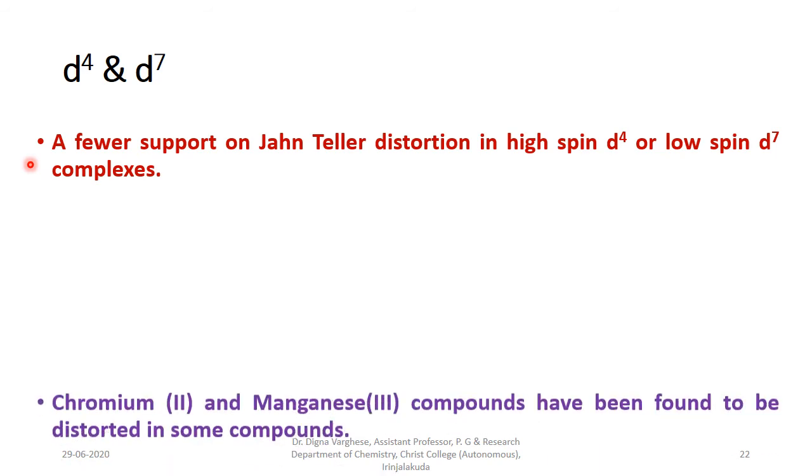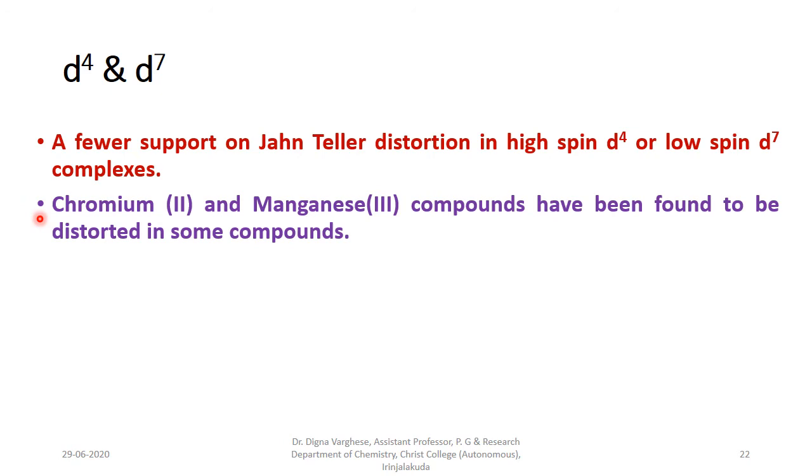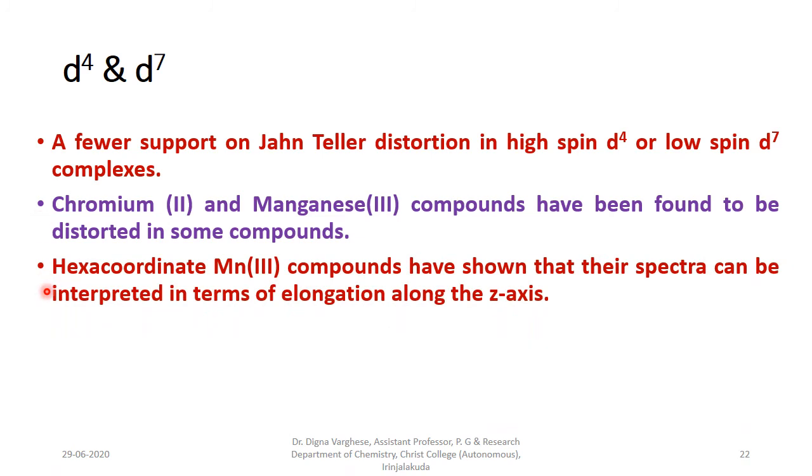In the case of d4 and d7, there is less support for Jahn-Teller distortion in high spin d4 or low spin d7 complexes. Chromium(II) and manganese(III) compounds have been found to be distorted in some cases. Hexacoordinate manganese(III) compounds have spectra that can be interpreted in terms of elongation along the Z axis.